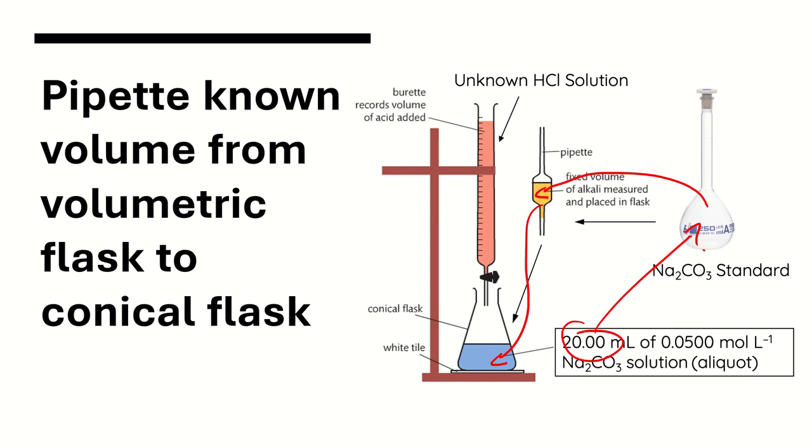Okay, and then ask yourself, how would the number of moles change? If you look at that conical flask and you have, let's say, X moles of sodium carbonate in it, if you take only 20 over 250 of the actual volume with you, then you're going to take the same fraction of the moles.